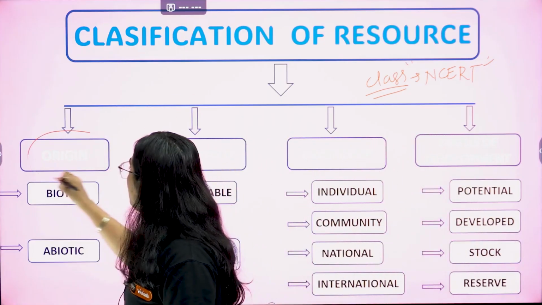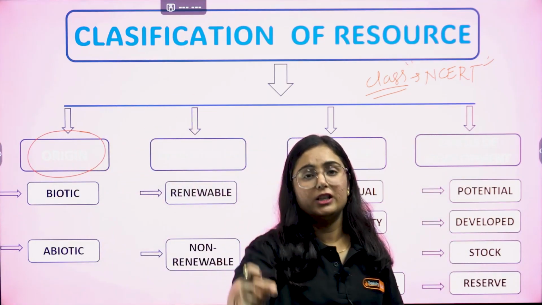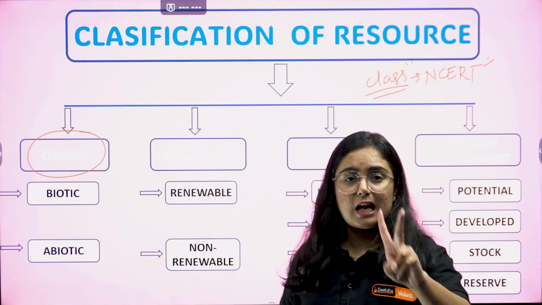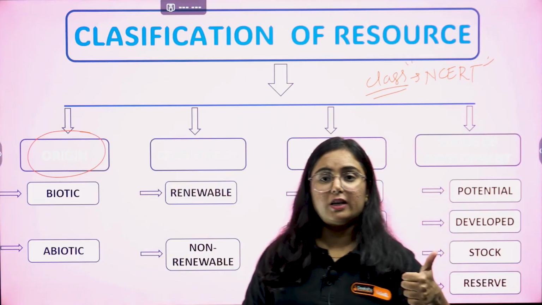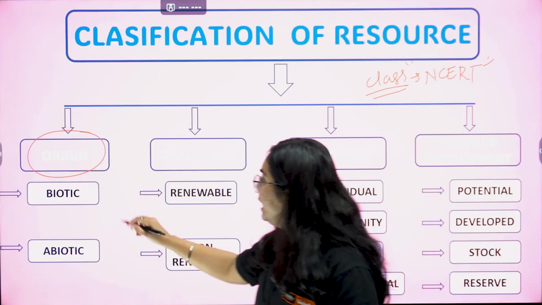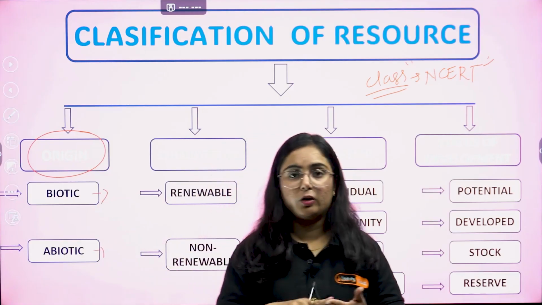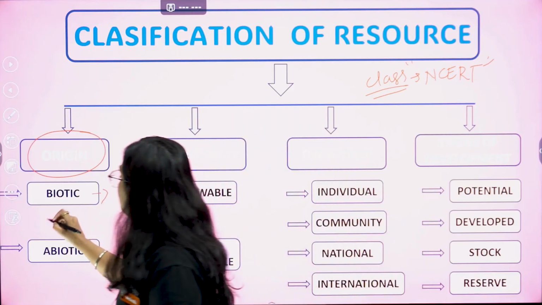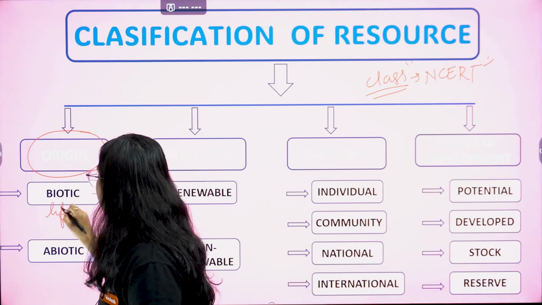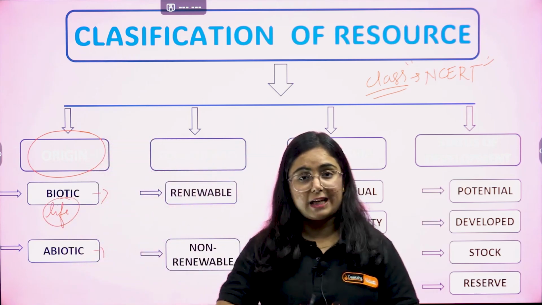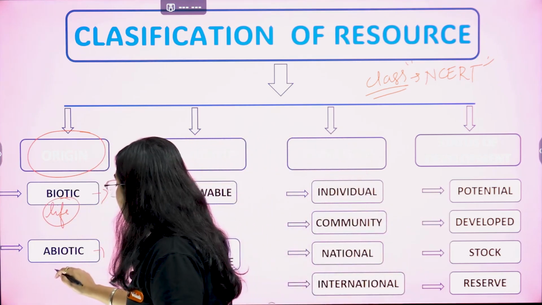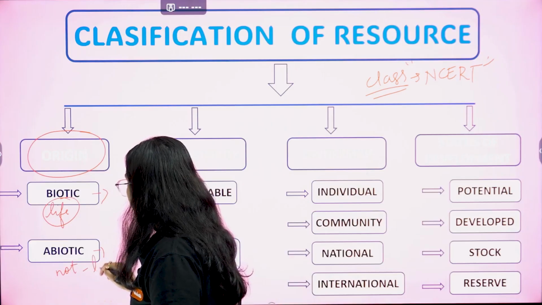Classification of resources on the basis of origin. On the basis of origin there are 2 types of resources: biotic resource and abiotic resource. Biotic resource means anything that has life. Anything that does not have life, we call it what?